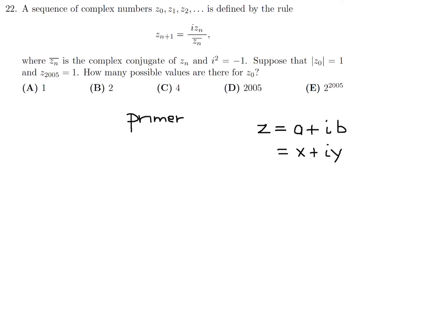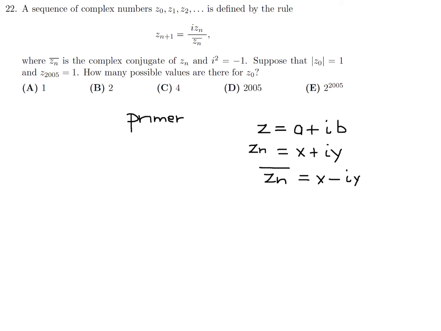And just a few very simple things that I wanted to mention. zn with the bar over it is the complex conjugate. And what that means is that if z is equal to x plus iy, and in this case, let's just call it zn, then the complex conjugate will be x minus iy.